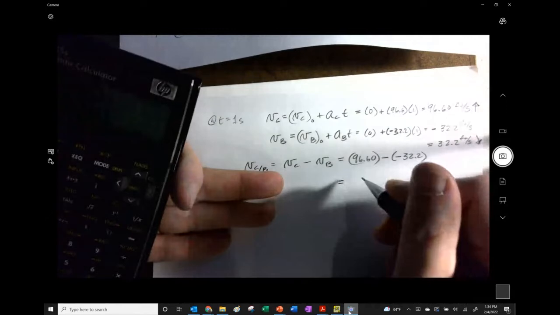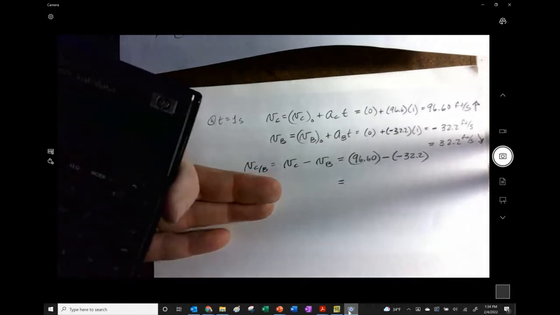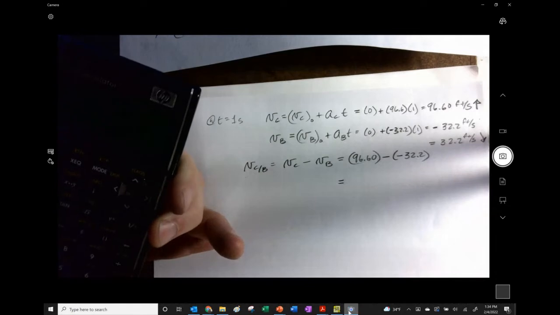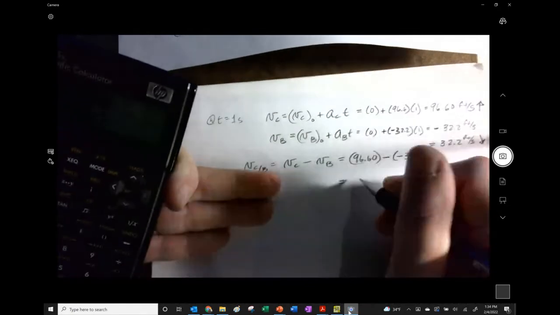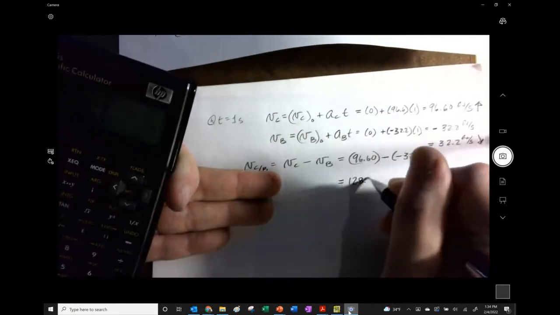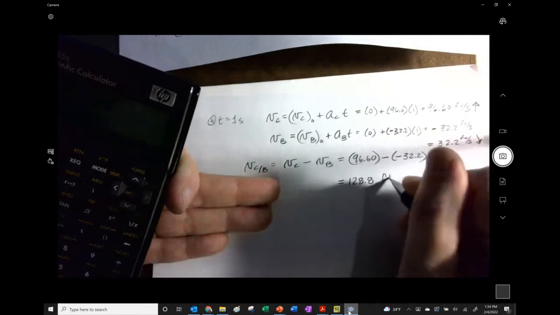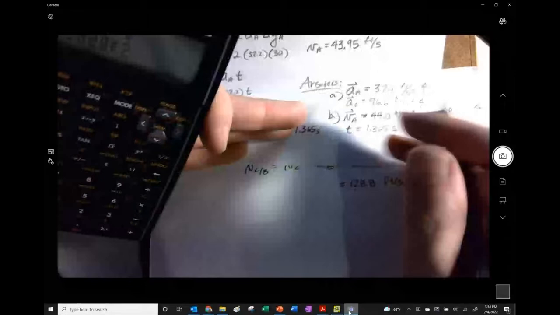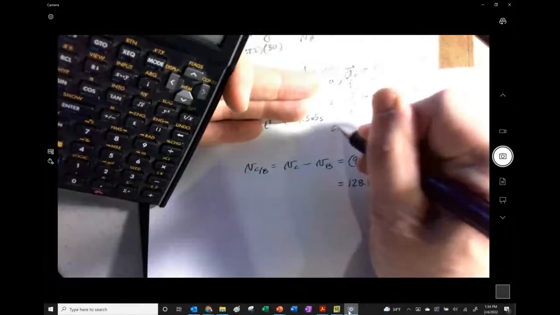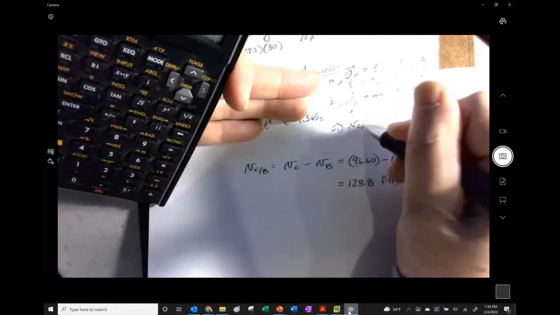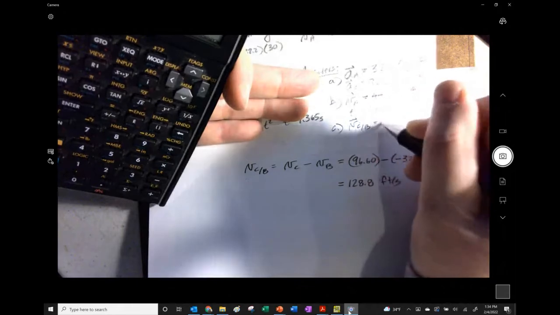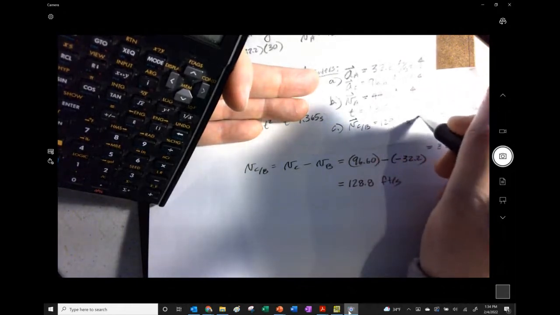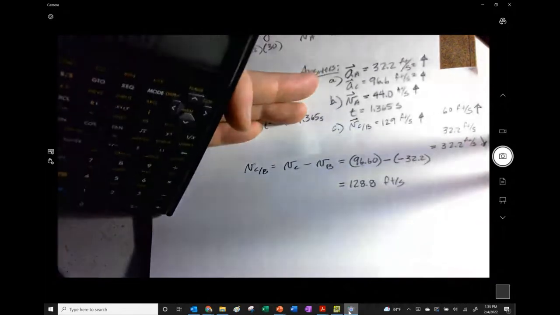Is that right? I think so. See, I need to use my calculator for that. That's how sad that is. So just mock me if you must. 128.8 feet per second, and it's positive. So what we would say in our answer up here for C would be VC with respect to B is 129 feet per second, and it's going upward because it's positive.